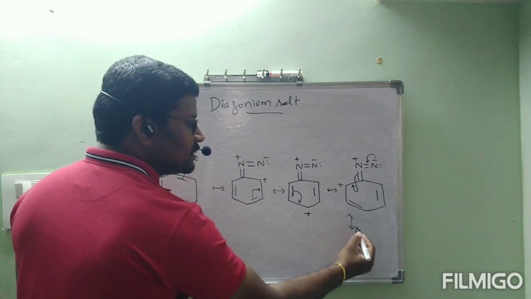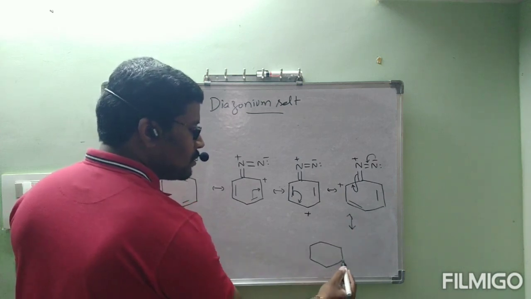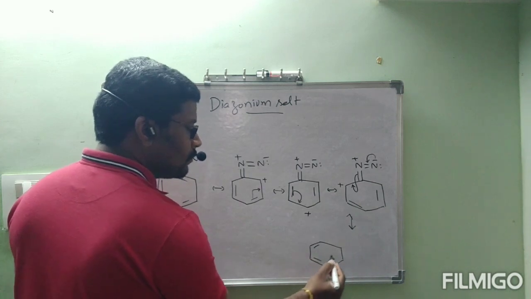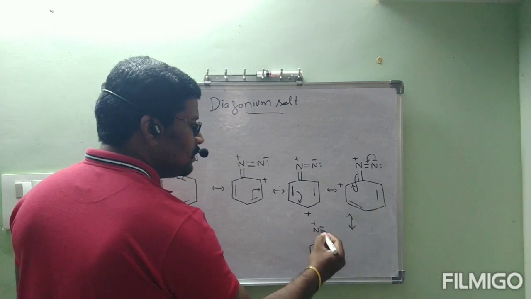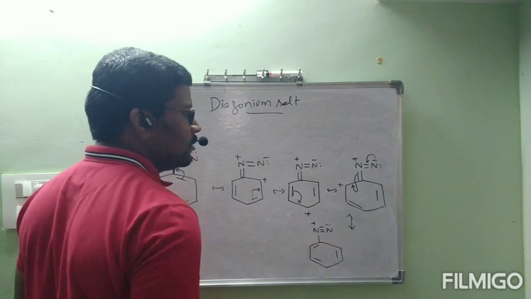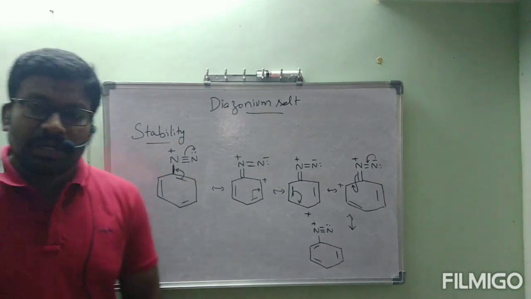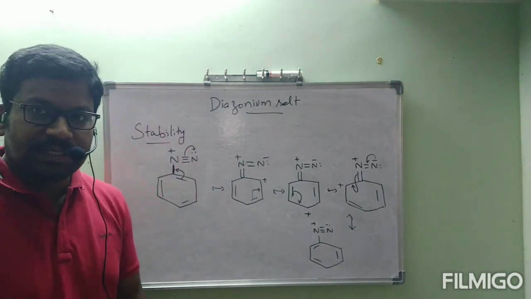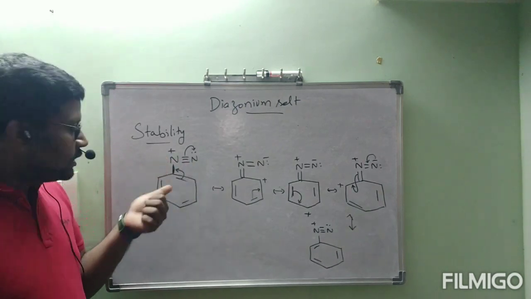So the final resonance structure: single bond N plus triple bond N with a lone pair on nitrogen. Observe carefully. Totally how many resonance structures did we get? 5 resonance structures. See, N triple bond N has positive charge.